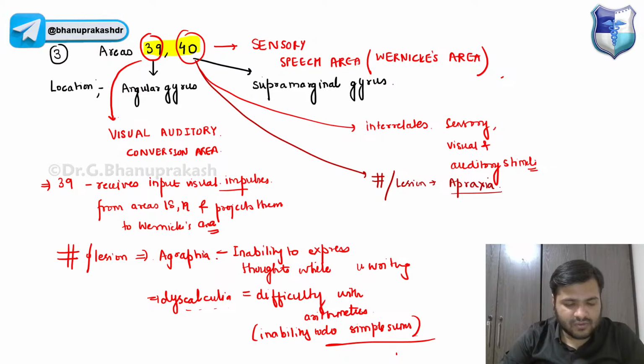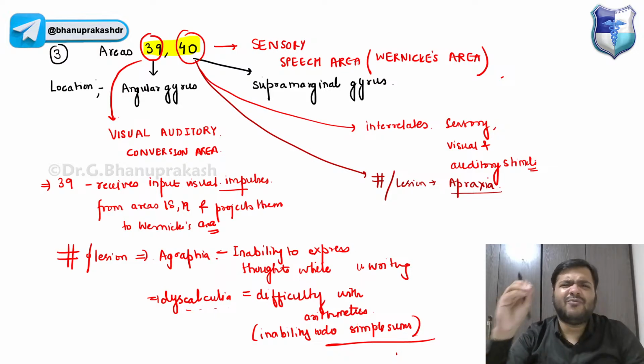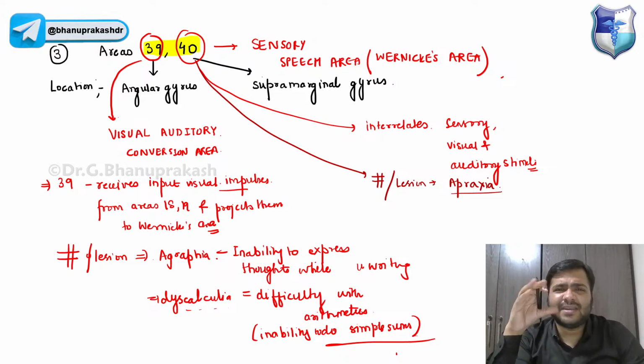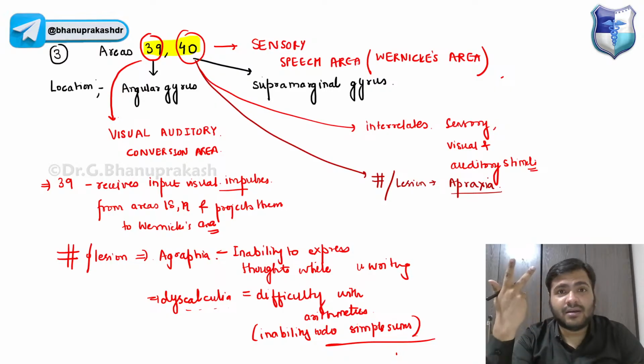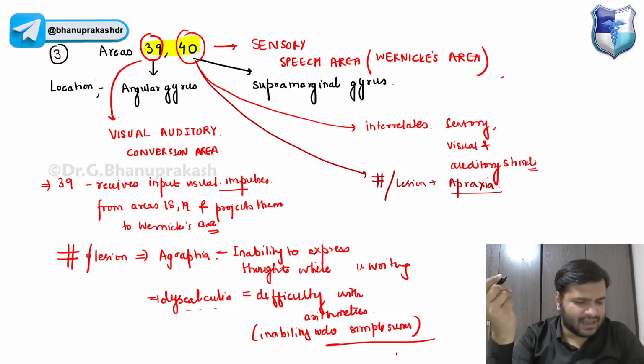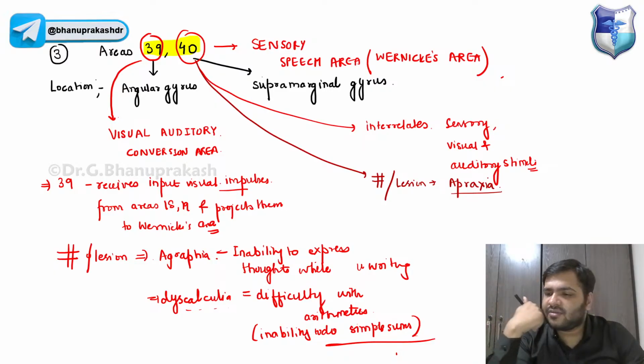If tools are placed in the patient's hands and he is not able to use them, that is ideational apraxia. Facial apraxia can be there too: inability to perform facial oral movements like licking the lips. So that is the apraxia, guys, that you have to remember.